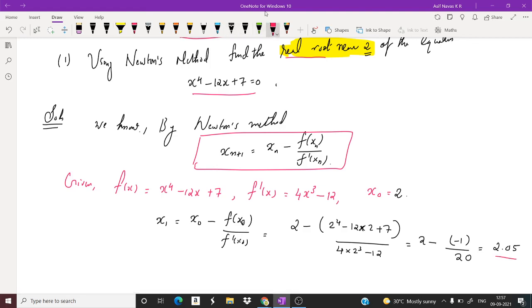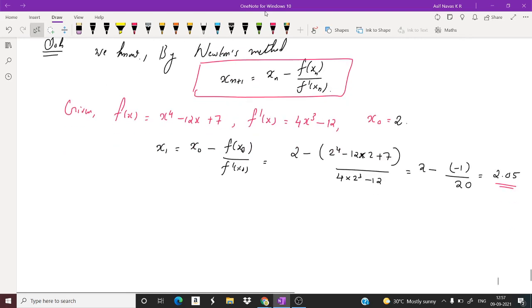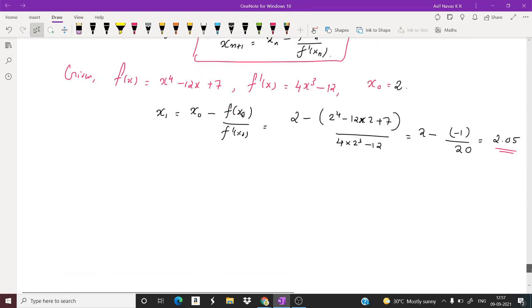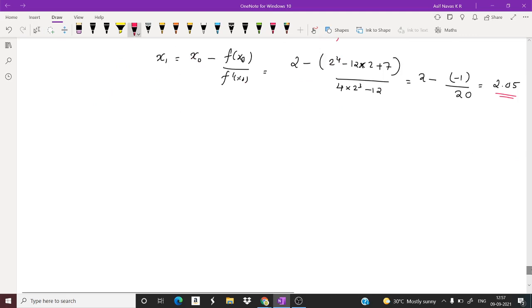Okay, now you find out the second value. So we got x1. Tell me what is x2. x2 is x1 minus f of x1 divided by f dash of x1. So if you have a scientific calculator, it's very easy.